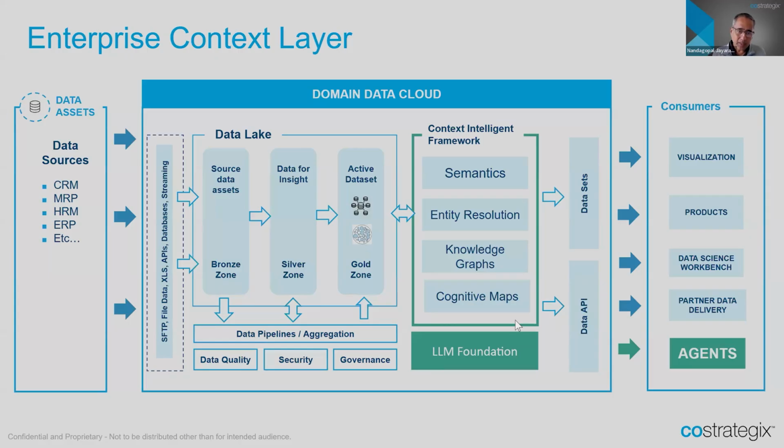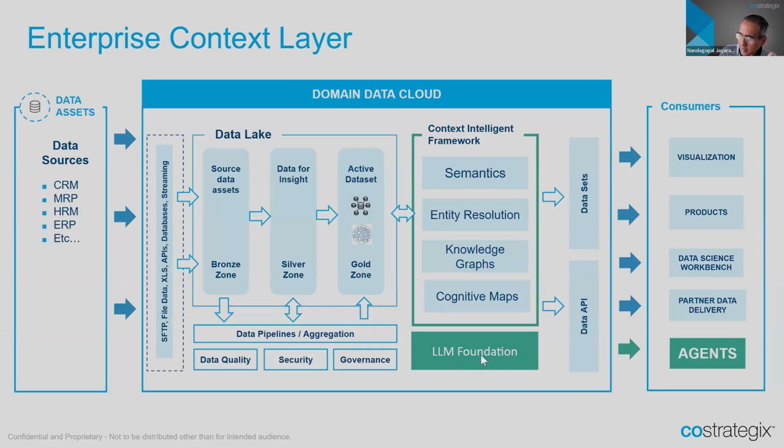So think of this footprint here. You have all your source data assets on this side, and then you have your medallion architecture, if you're implementing it that way, your gold zone, and you're activating that. Your context intelligent framework sits here, right? It could intercept API calls, and it could intercept any agentic requests that are coming in.